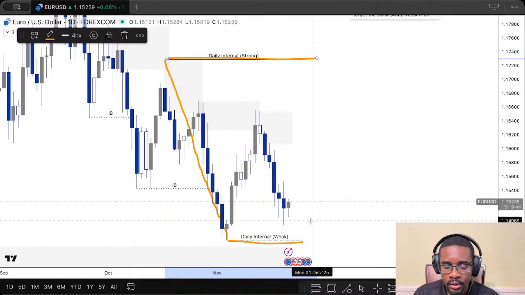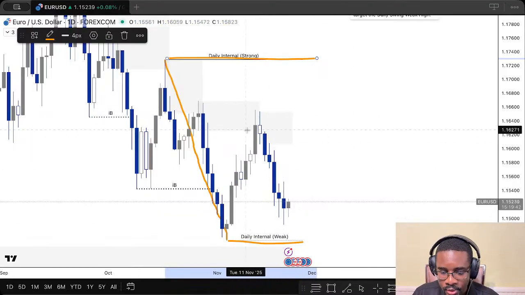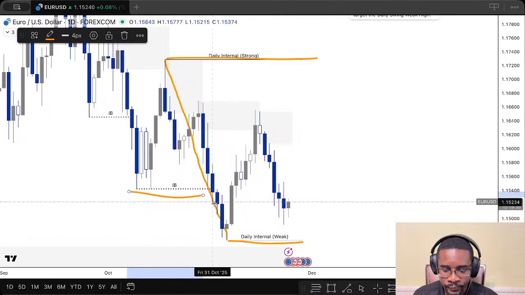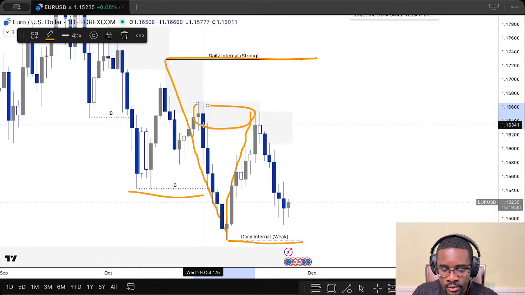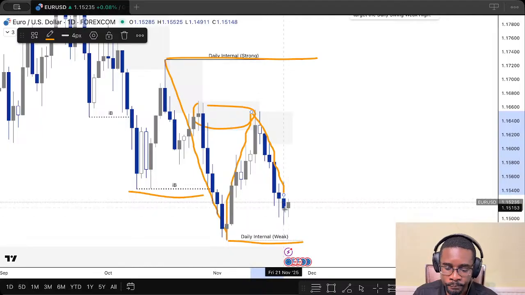Within this leg, this was our push down, which led to a break of structure, and then we've had a pullback where we mitigated this daily supply area, and now we are pushing away from that supply.